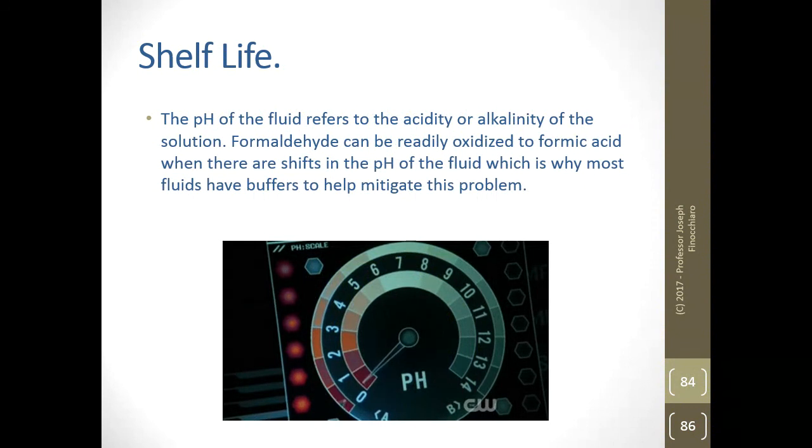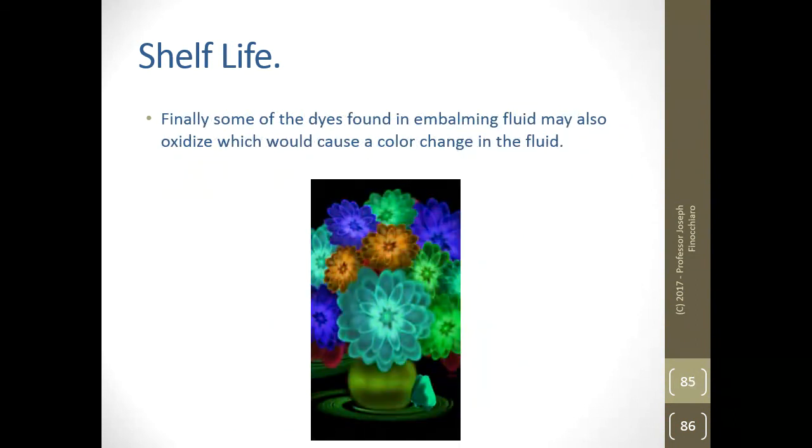pH obviously refers to the acidity or alkalinity of the solution. Formaldehyde can be readily oxidized to formic acid when there are shifts in the pH of the fluid, which is why most fluids have buffers to help mitigate the problem. And finally, some of the dyes found in embalming fluid may also oxidize, which causes a color change. Now, best case scenario, that's all that is.